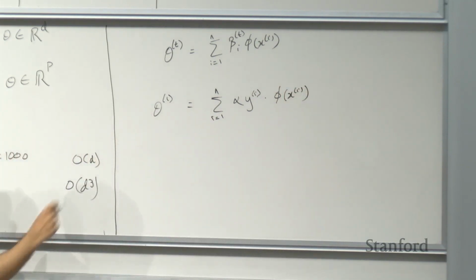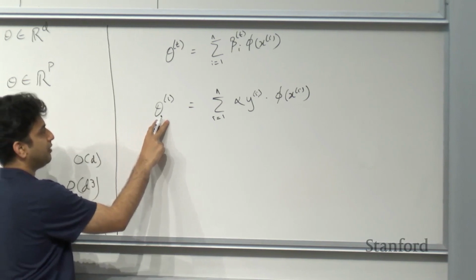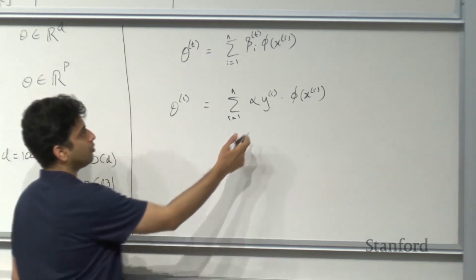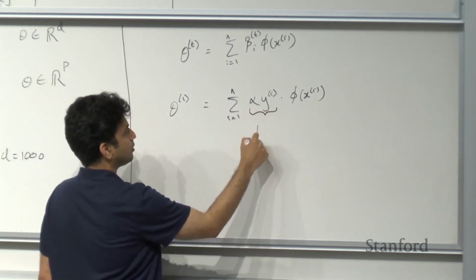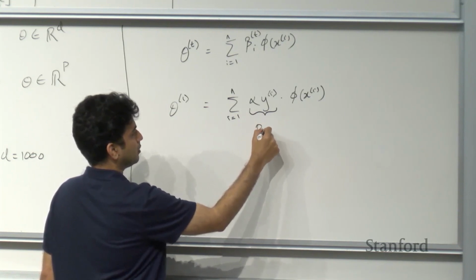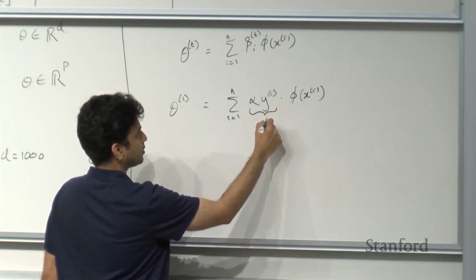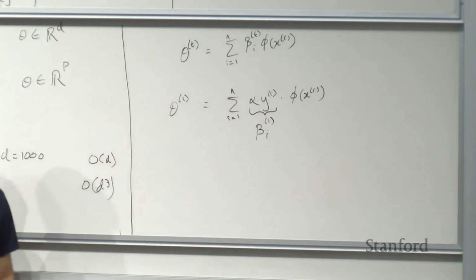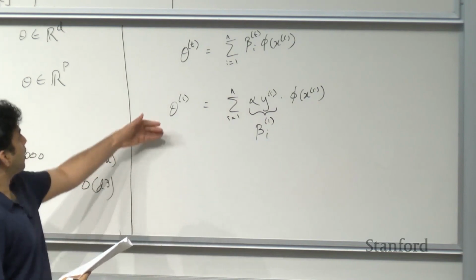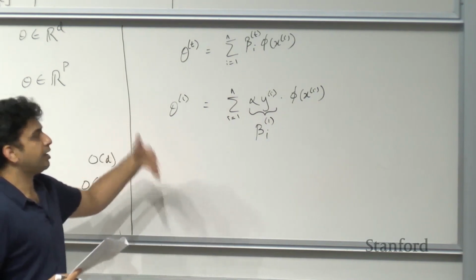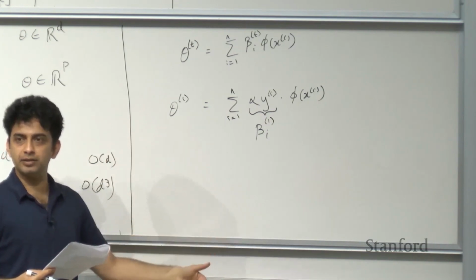So the very first theta vector that we get after the first step is going to be a linear combination of the feature vectors, and this will hold at every stage of gradient descent.